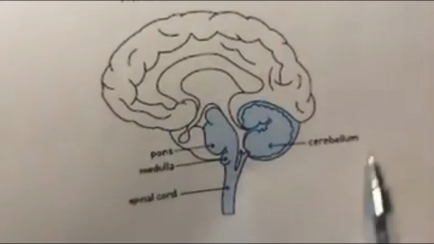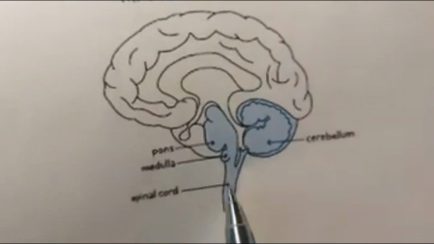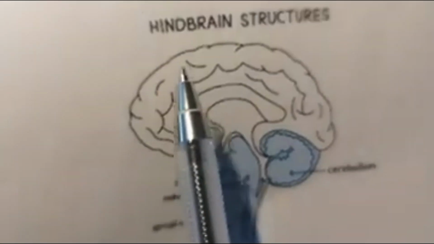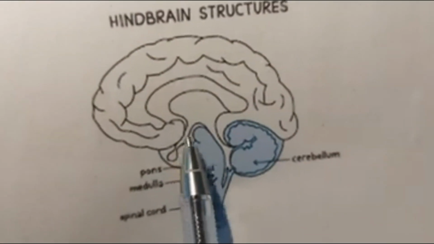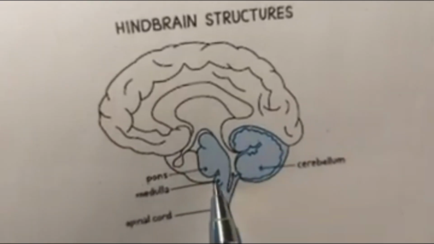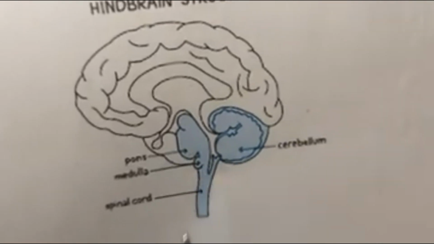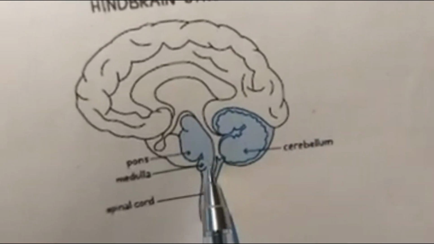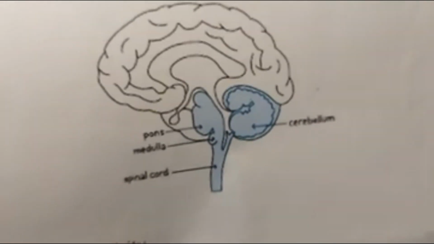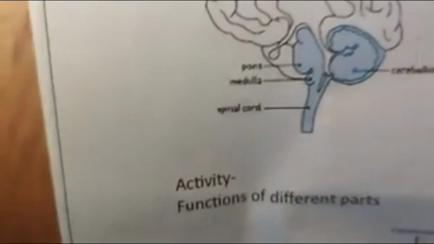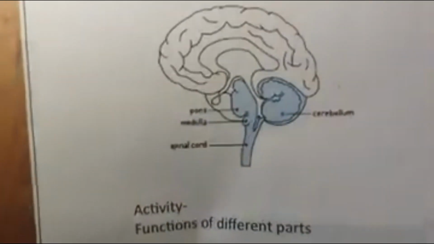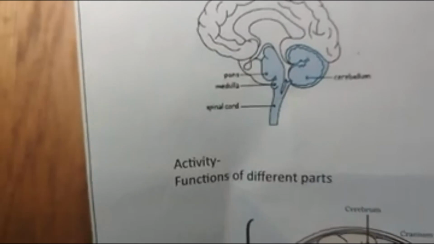So the central nervous system has two parts, brain and spinal cord. Forebrain, midbrain and hindbrain. The hindbrain has pons, medulla and cerebellum. The medulla continues as the spinal cord. So these are the different parts you should be aware of.